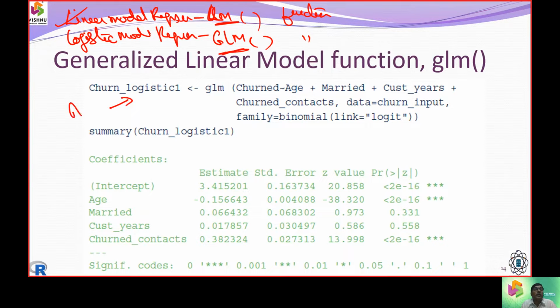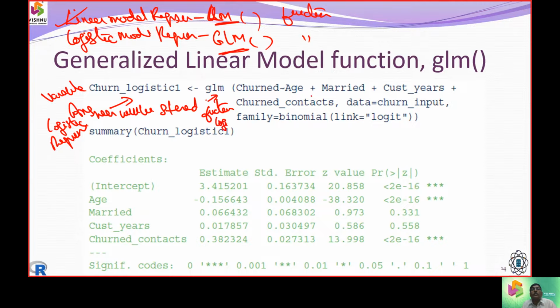Now the answer will be stored. The variable where the logistic regression answer will be stored is churn logistic one. Next, GLM is the logistic function.